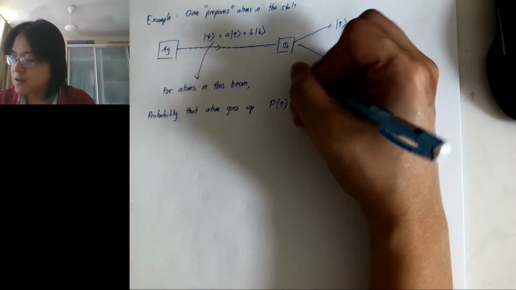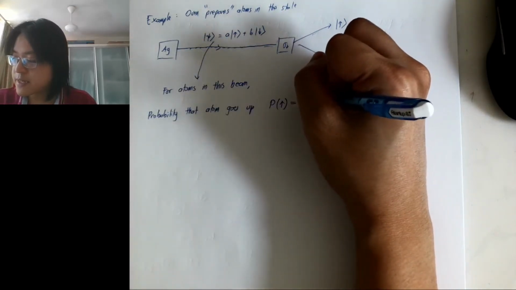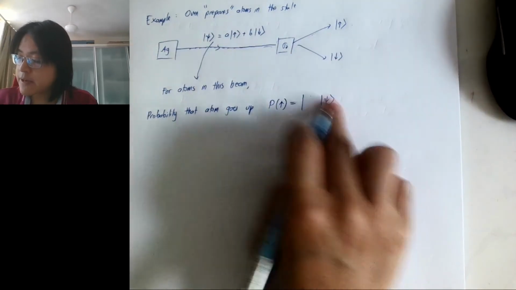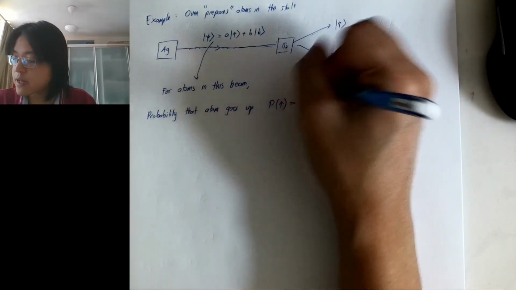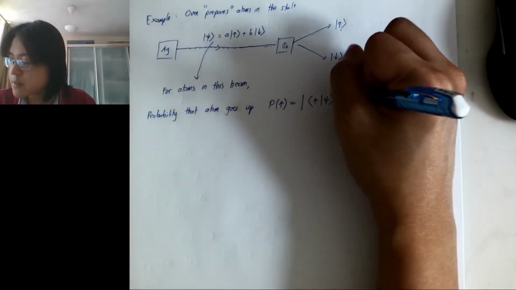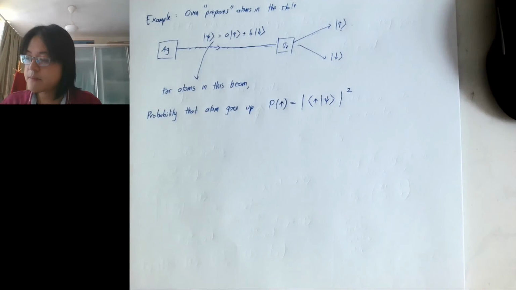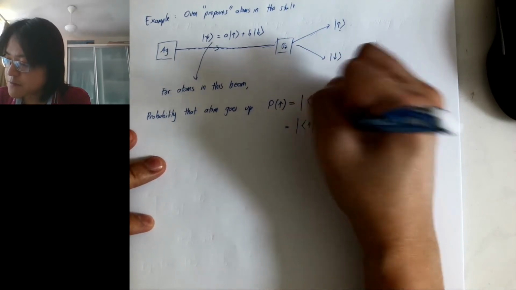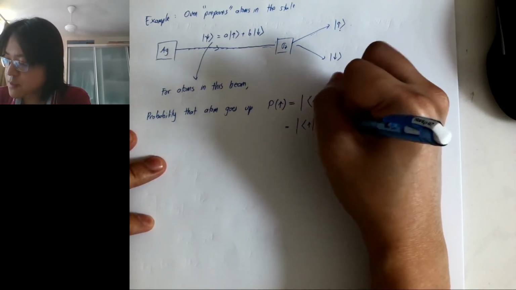Postulate 3 was a very long sentence, and is basically telling us that to calculate the outcome, we are given this state, and we close it with the up bra and take the modulus square. By now it's pretty clear how to do this calculation, right?